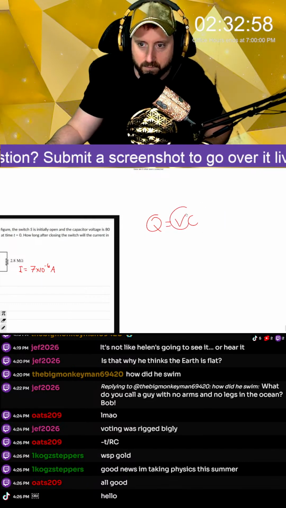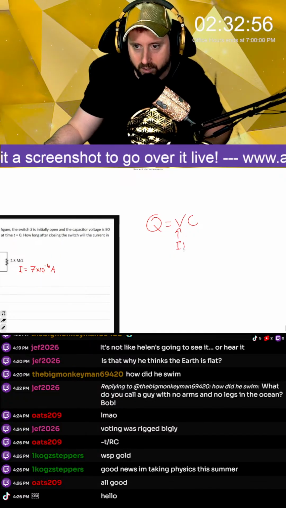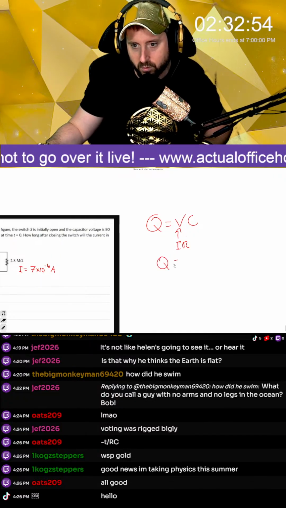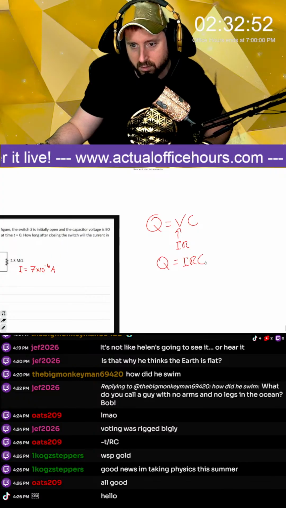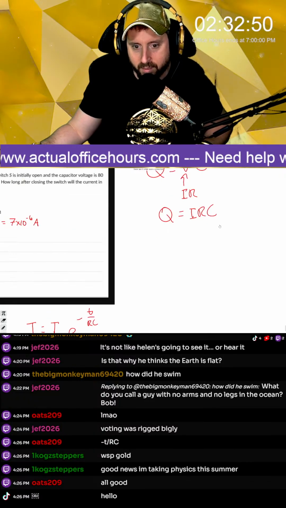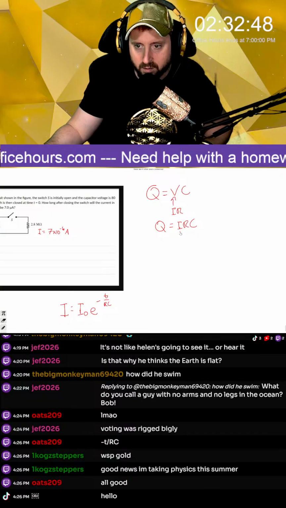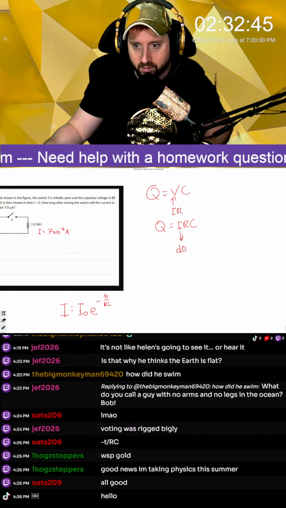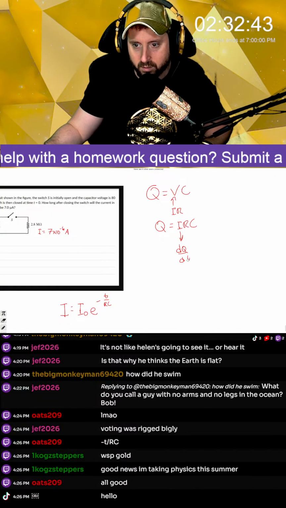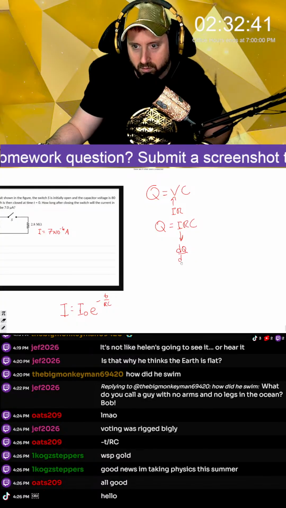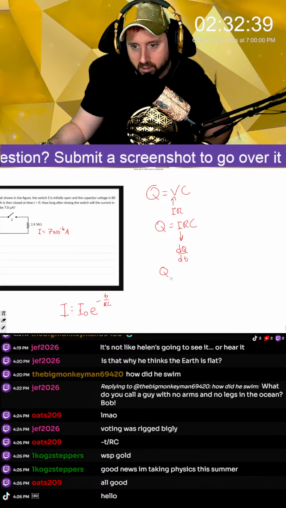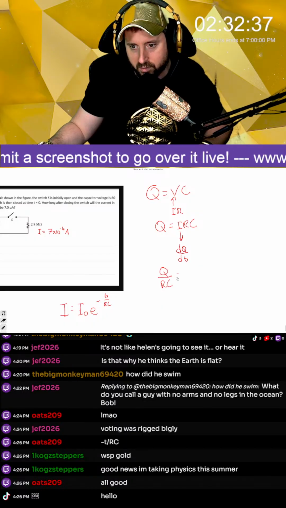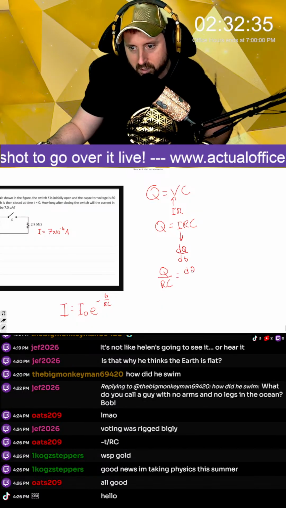And then we say that V is equal to IR, right? So Q is equal to IRC. And current can also be written as dq/dt, right? Okay, great. So then I have Q over RC is equal to dq/dt.